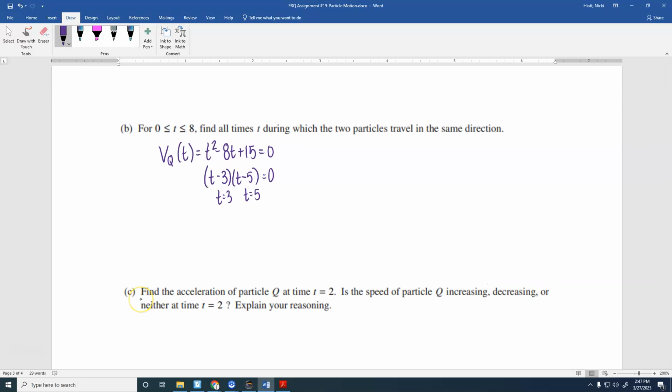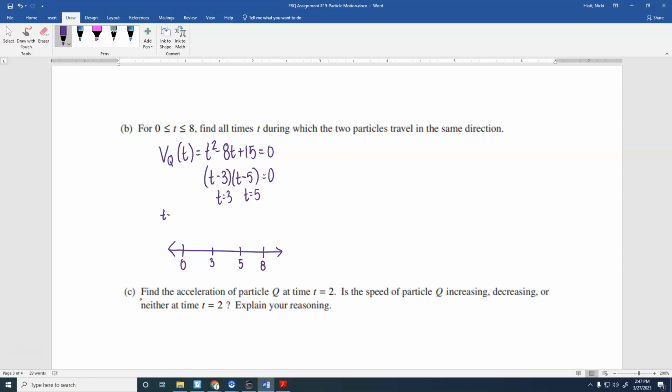And then we're going to do a sign line here from 0 to 8. We need to include 3 and 5. If you want to make the chart for this one, you definitely could. The other one I didn't because that denominator was always positive and didn't really make a difference.